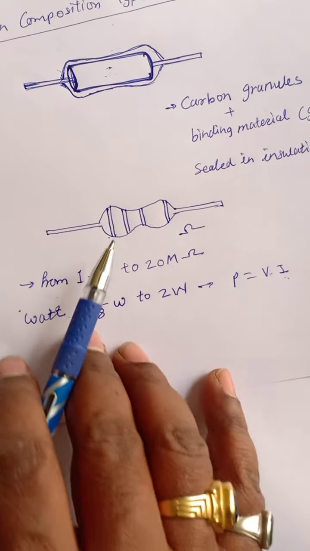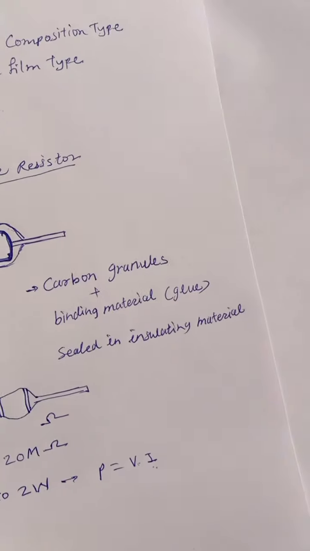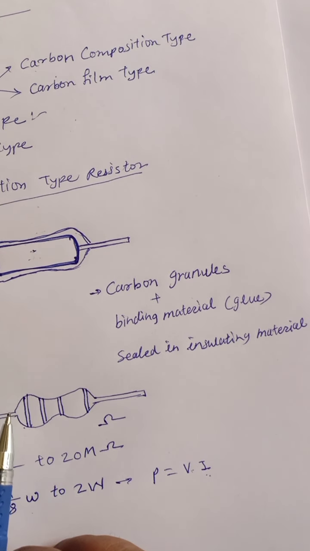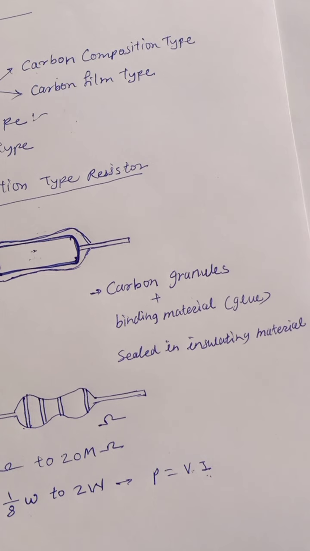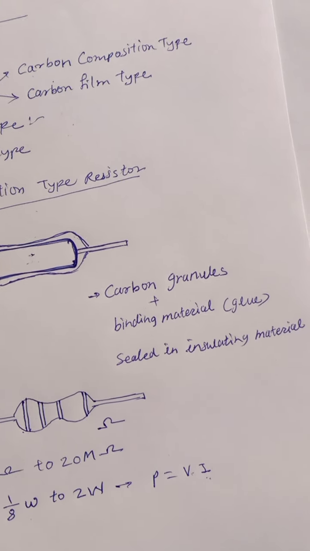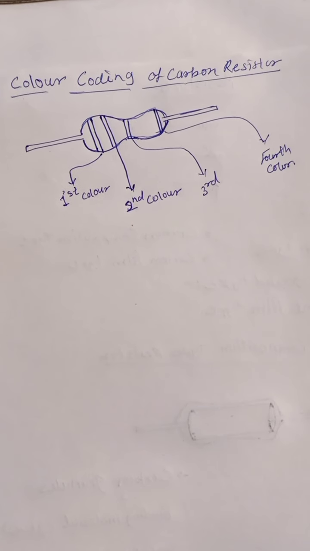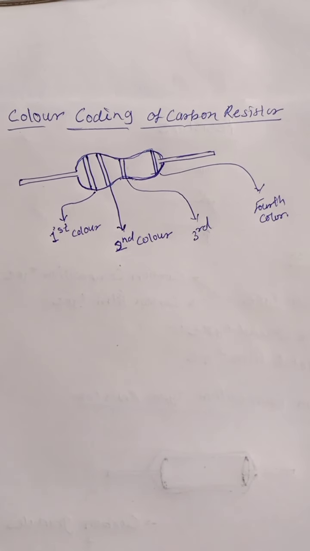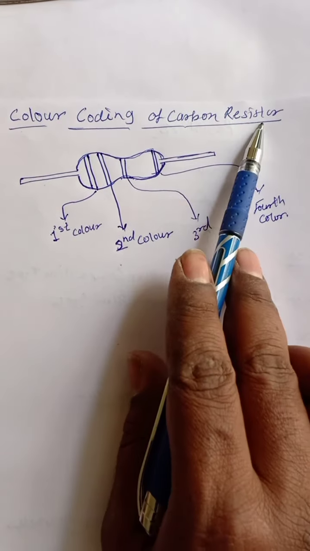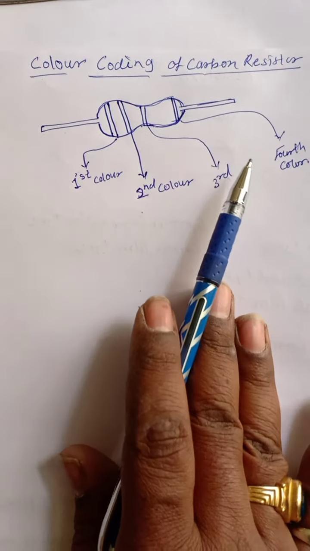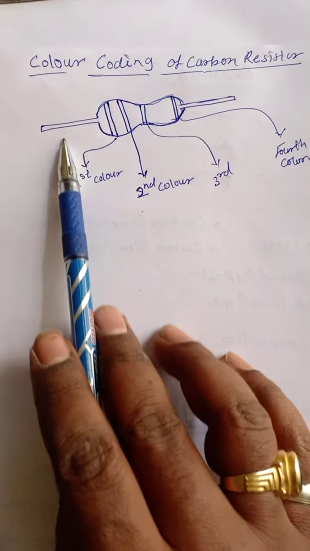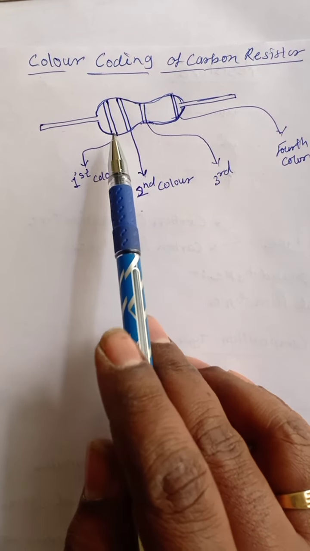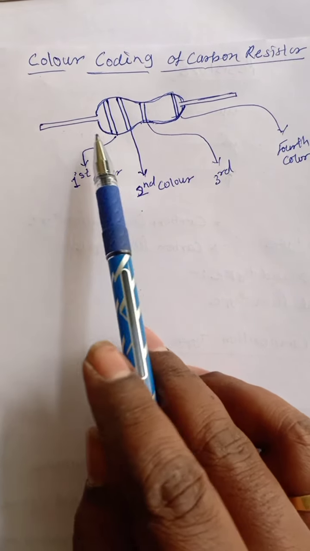Now we are going to see the color coding system for this carbon composition type resistor. If we see the body of that resistor, the color bands are printed on the body to represent the value of that resistor.